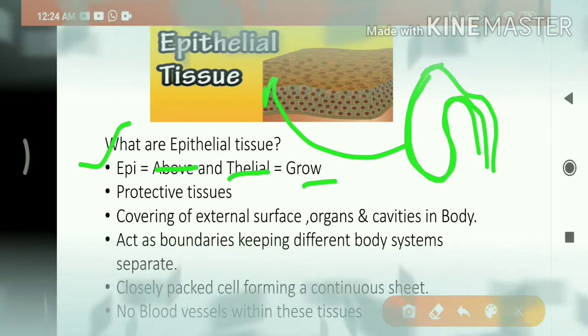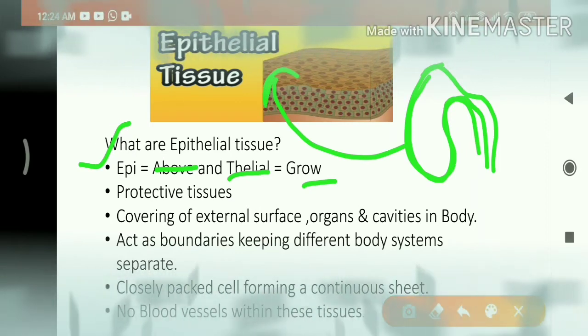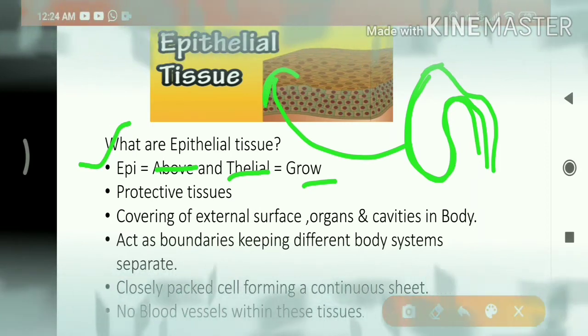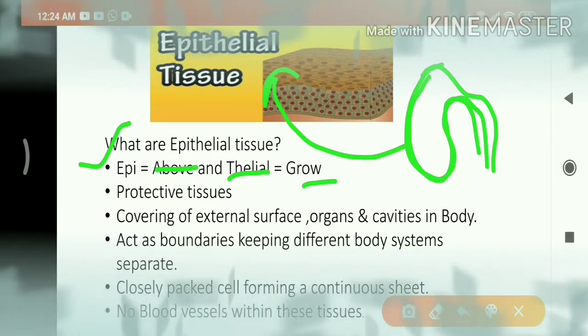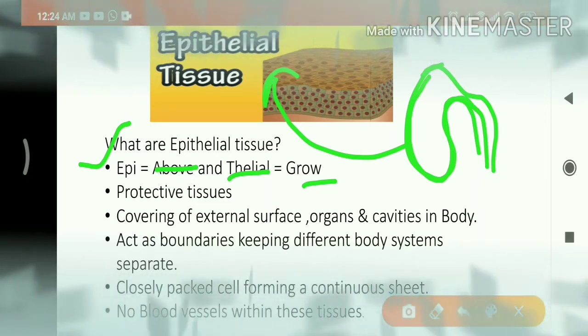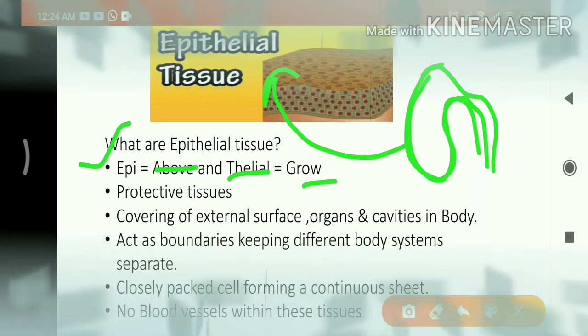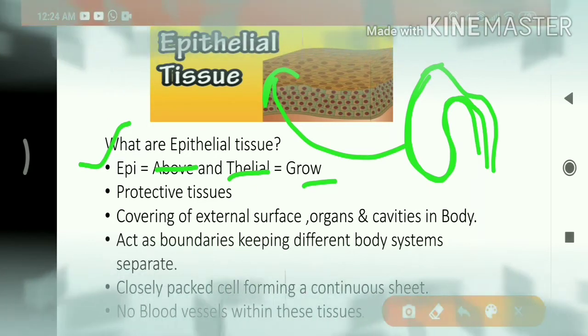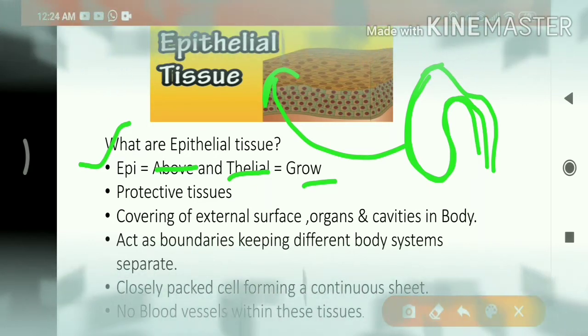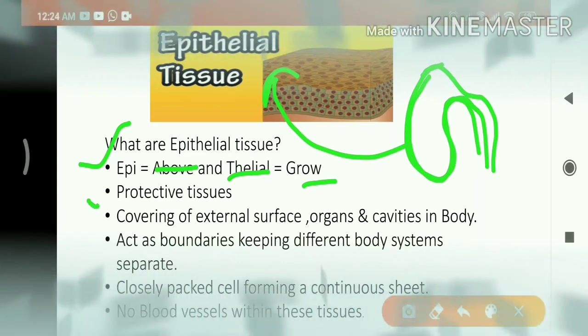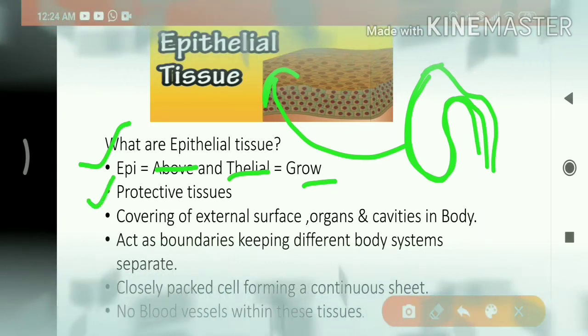So what is the epithelial tissue? Why is it given the name epithelial? Epi means above, and thelial means grow. It means growing on the upper side of our body, the upper level of every organ.